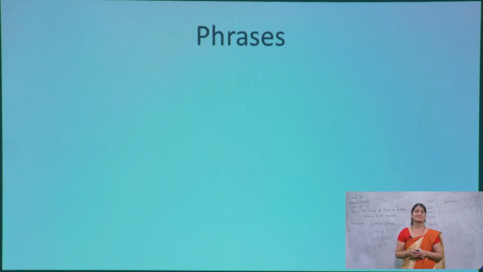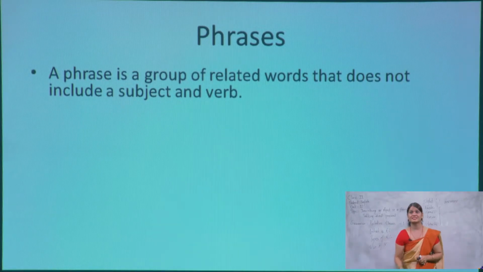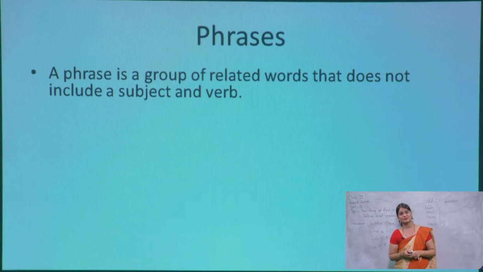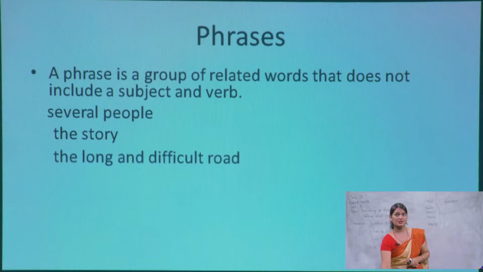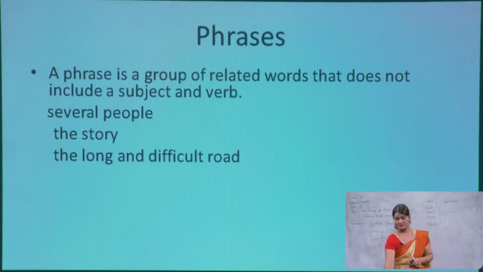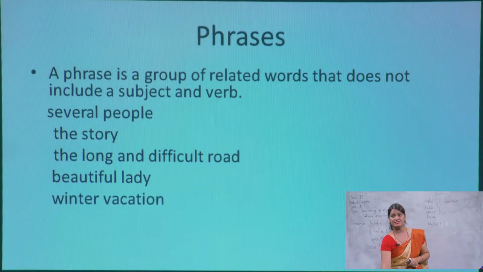Phrases are groups of words without a subject or a verb. A phrase is a group of related words that does not include a subject and a verb. You can see different examples here. Several people, the story, the long and difficult road, beautiful lady, winter vacation.